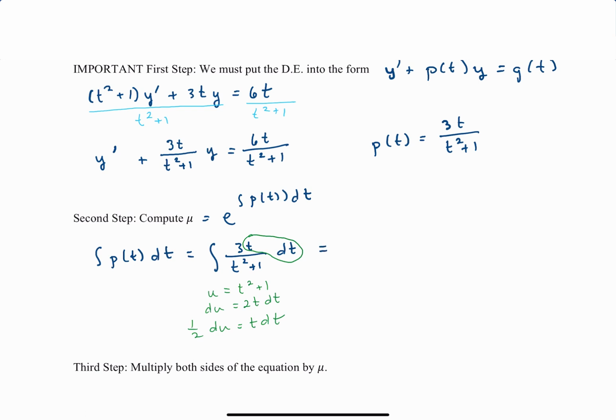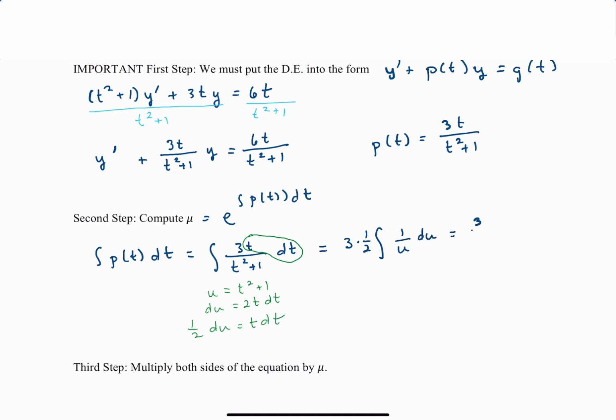Let's bring the 3 out front. Then the 1 over t squared plus 1 is going to be 1 over u. The t dt is 1/2 du. I'm going to go ahead and put the 1/2 out front also.